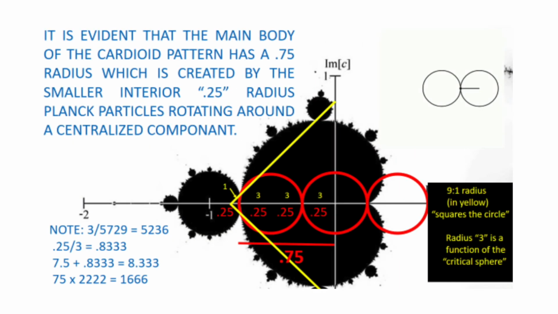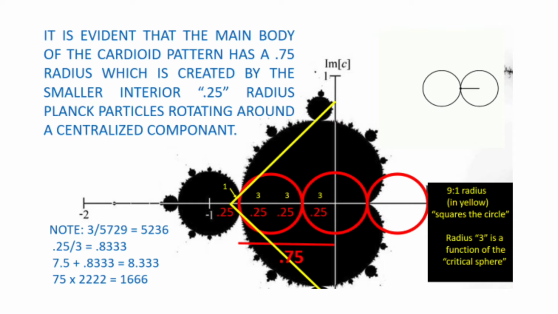The fractal component within the photons are the seed particle density clouds, which are simply the average position of the Planck particles that are formed as those Planck particles individually revolve around a central stationary component, consequently tracing out the Mandelbrot cardioid pattern.